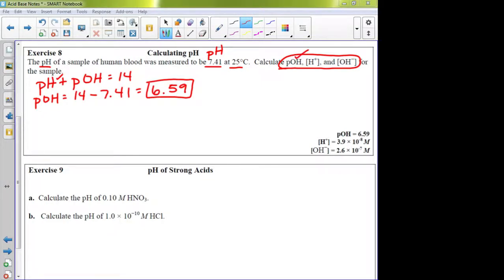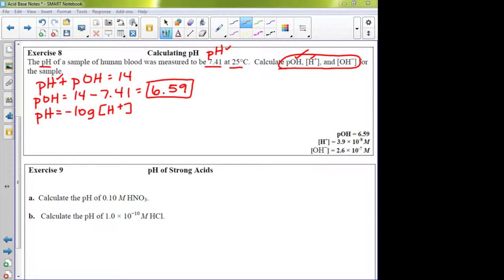Okay. Now it's asked me to find my concentration of my hydrogen ion. Do I know an equation that uses pH and concentration of hydrogen? Yes. What is that equation? Excellent. pH is equal to the opposite of the log of my concentration of my hydrogen ion.